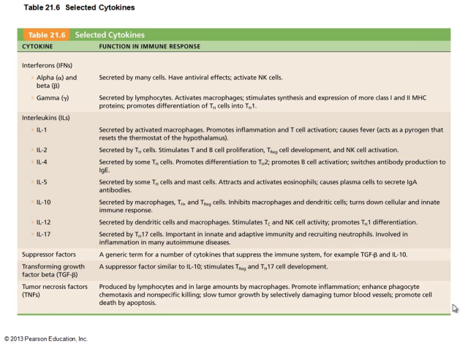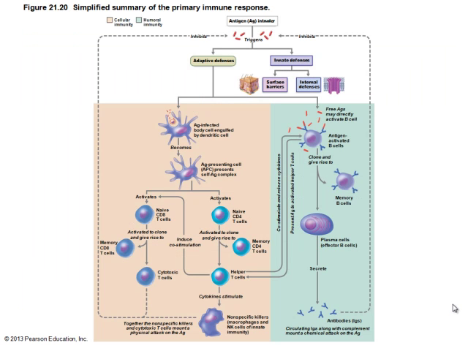So we have to understand the role of the helper T cell, and we have to understand the role of the cytotoxic T cell, and we have to understand the role of the B cell. So another type of cell that is also described for you on page 789 is something called a regulatory T cell.